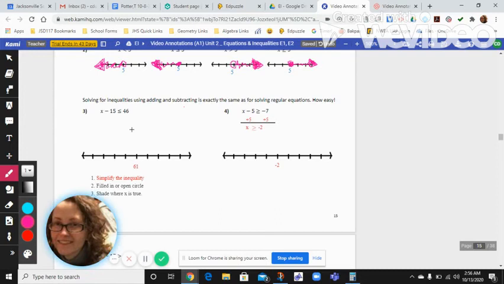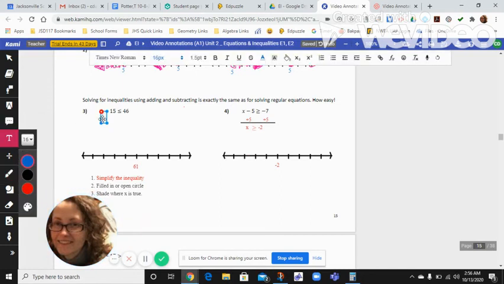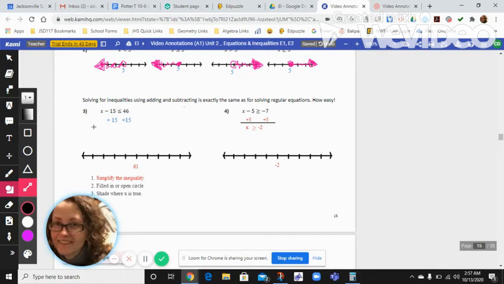Solving for inequalities using addition and subtraction is going to work out exactly the way it does when we are solving equations for linear equations. So where I had to add 15 with my linear equations before to get the variable by itself, I would do the same thing here in this problem.